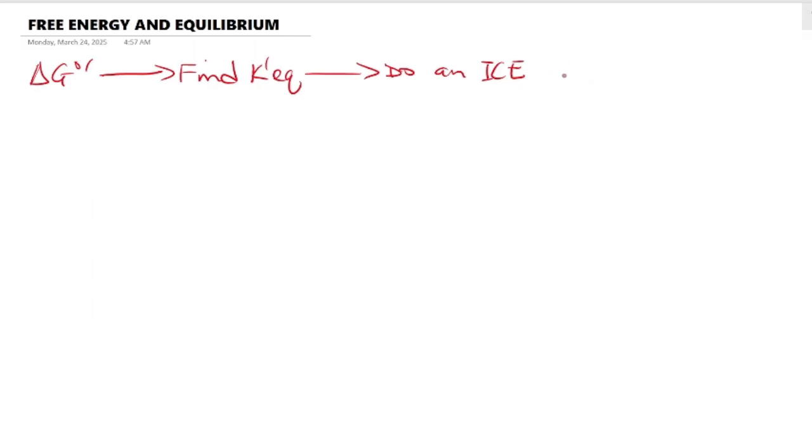Okay, so from the problem, we are given delta G. We are to find the equilibrium constant, and to do that, we'll need to do an ICE chart.